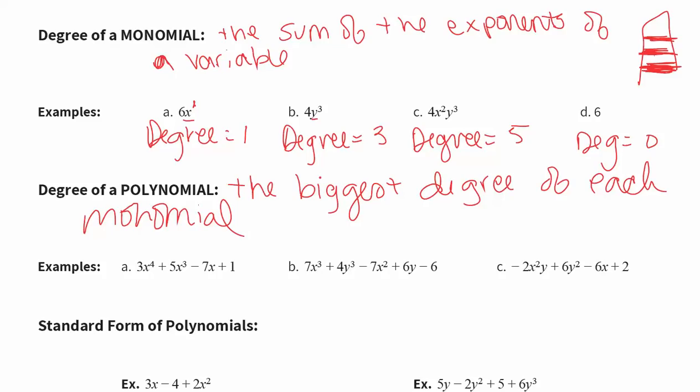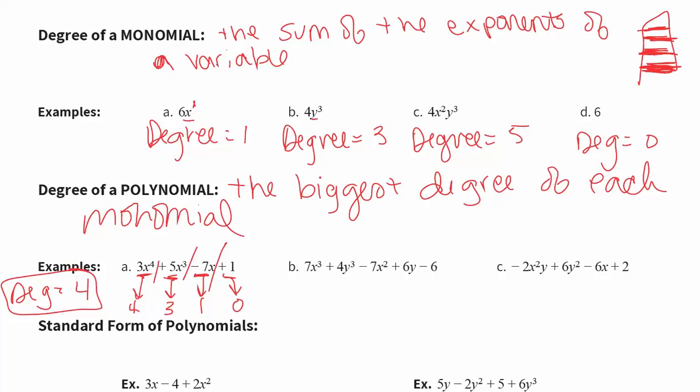So if I look at this example and I draw my slashes, my first term has a degree of 4 because x's exponent is 4. My second term has a degree of 3. My third term has a degree of 1 because x doesn't have an exponent. And 1 has a degree of 0 because constants don't have degrees, only the variables. So out of 4, 3, 1, and 0, what's the biggest number? 4. So my degree would be 4. So if I go back to my building, it would now be living on the fourth floor.